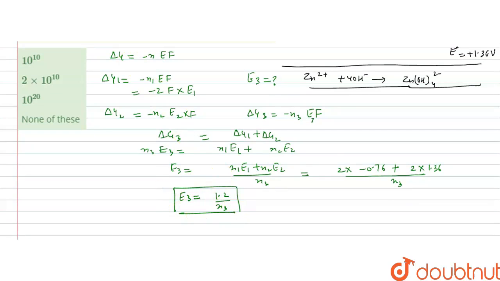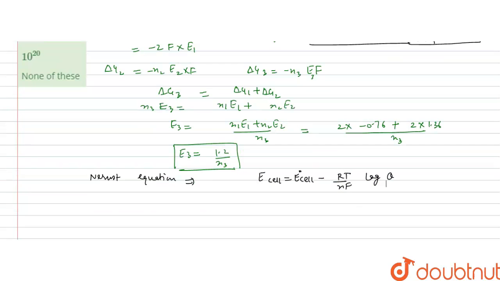Now we have to calculate the equilibrium constant, using the Nernst equation. The Nernst equation is E cell equals E naught cell minus RT by nF log Q. At equilibrium, E cell is 0 and Q becomes K, the equilibrium constant.